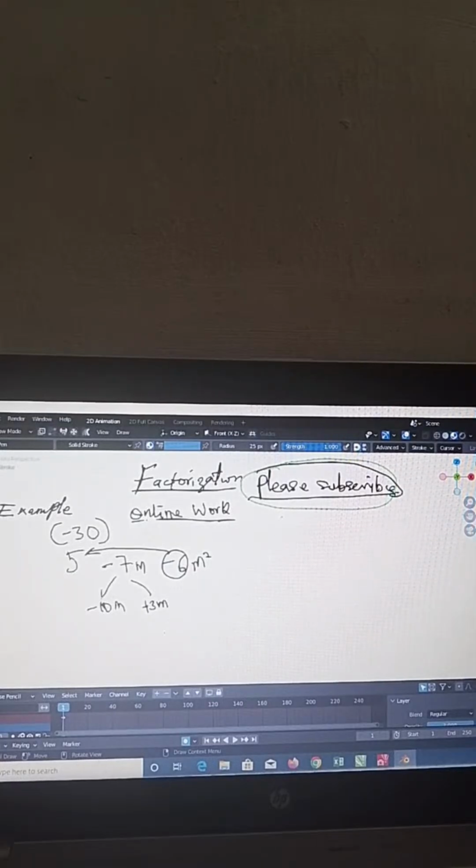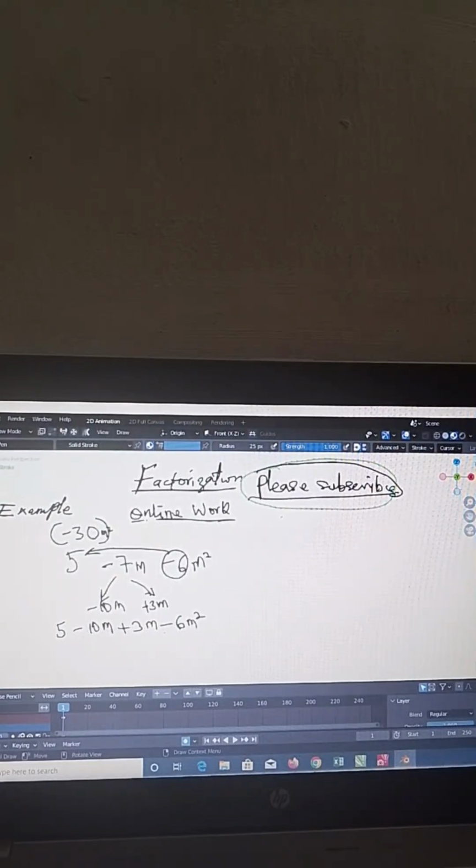So these two, when you multiply them, you get minus 30m squared, and when you add them, you get this. So I'll replace it. I'll say 5 minus 10m plus 3m minus 6m squared.